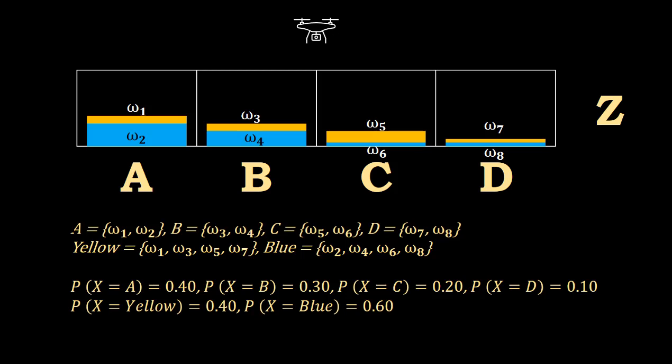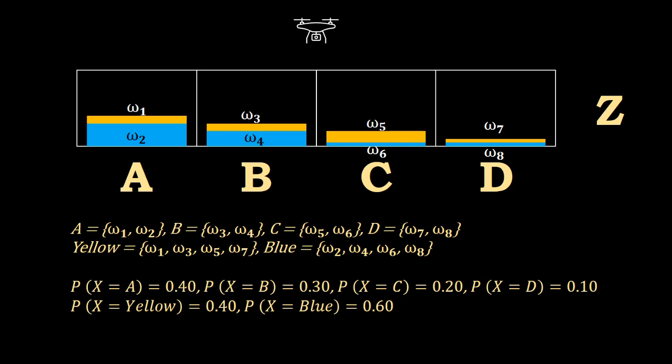So we define event A as omega 1 or omega 2, the drone landing in either of these parts of region A. B is the drone landing in omega 3 or omega 4, C in omega 5 or omega 6, and D in omega 7 or omega 8. We define the event yellow as the drone landing in omega 1, omega 3, omega 5 or omega 7, and the event blue as the drone landing in omega 2, omega 4, omega 6 or omega 8.